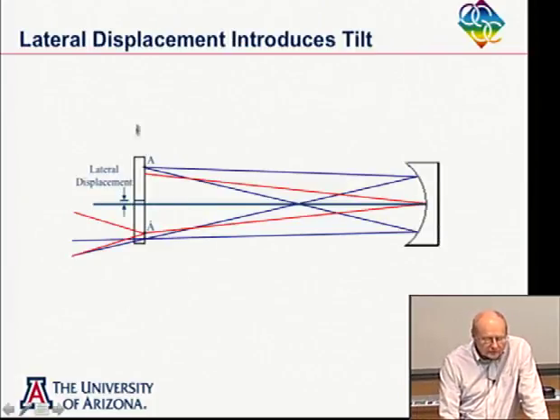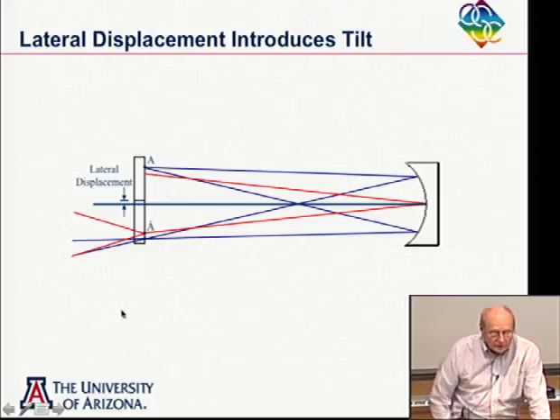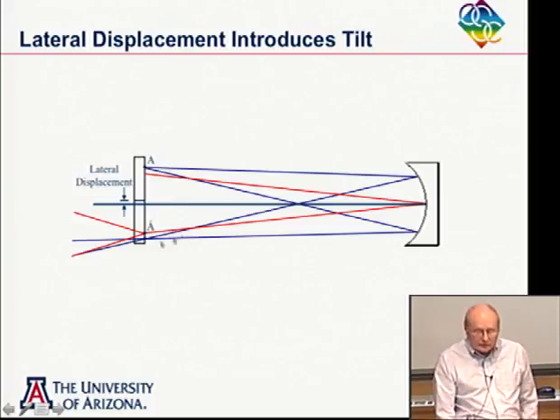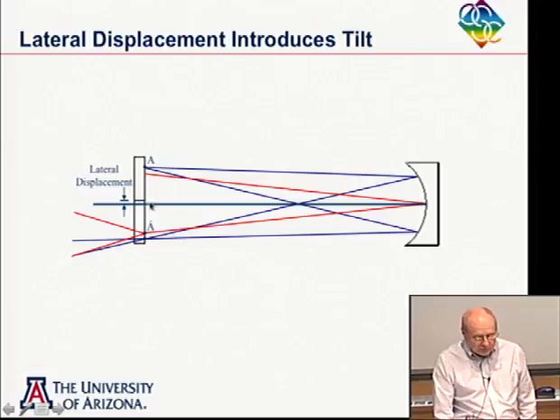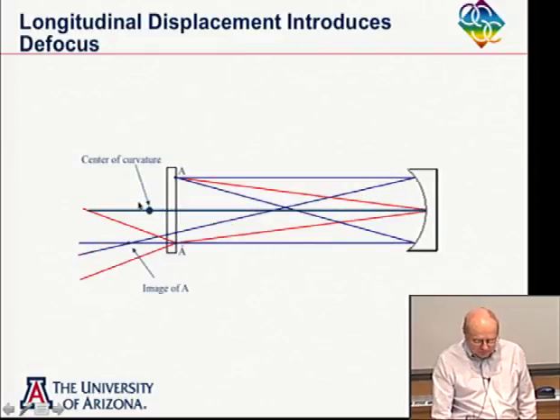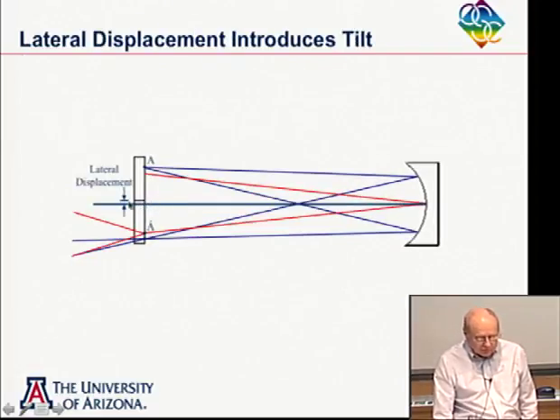So here's my scatter plate, and here's the mirror I'm testing. And as I said, this is at center of curvature. So this mirror will image this scatter plate back on itself, but inverted. So let's say the point about inversion symmetry is where this line is here.